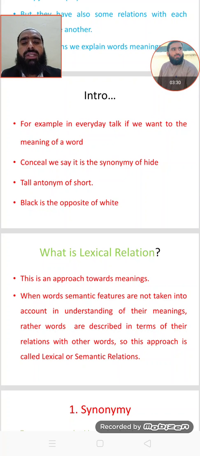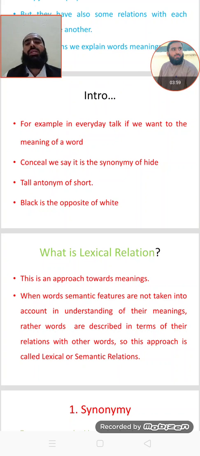For example, in everyday talk, if we ask somebody the meaning of the word conceal, he or she may explain that conceal is a synonym of hide. Tall is the antonym of short.